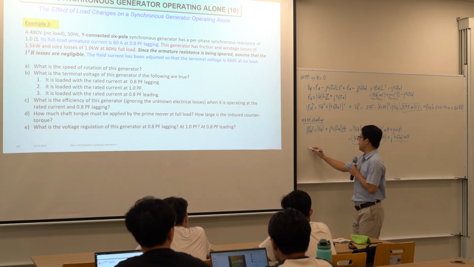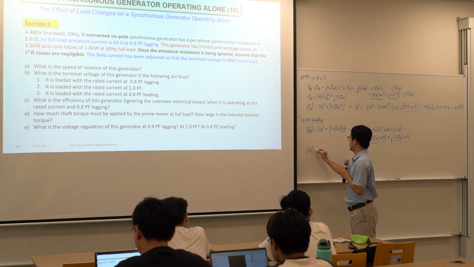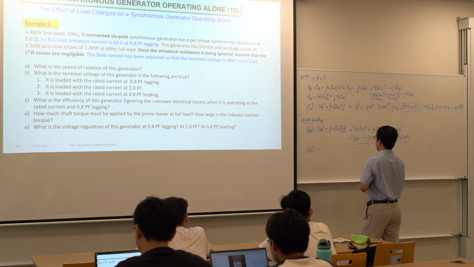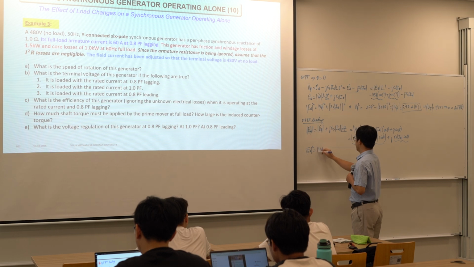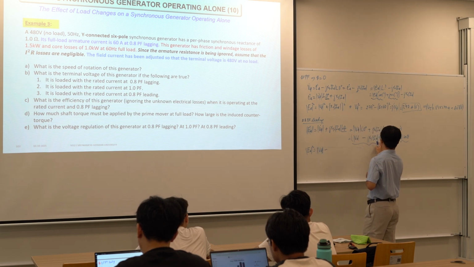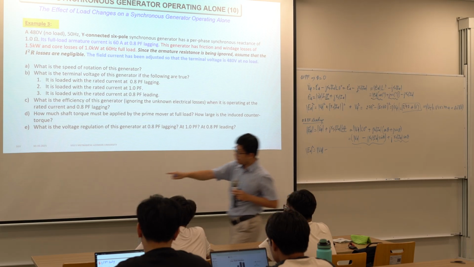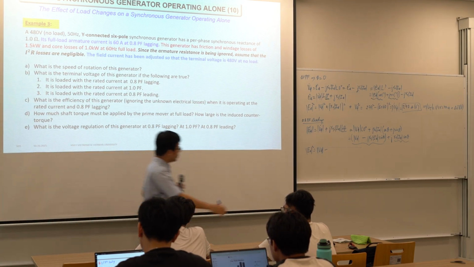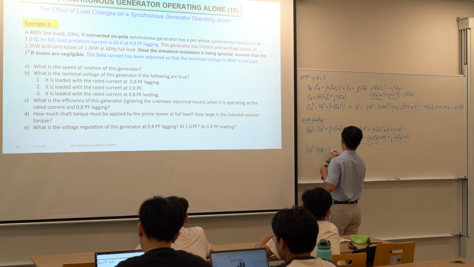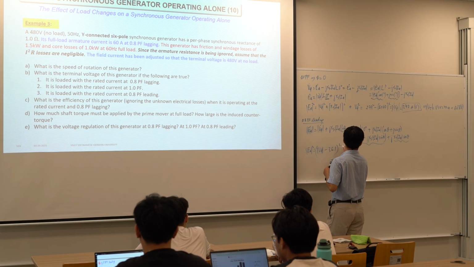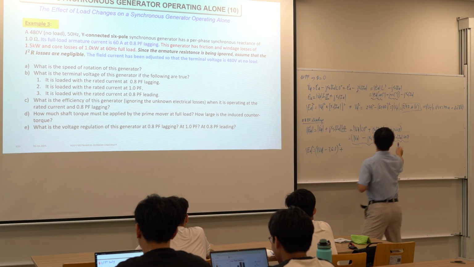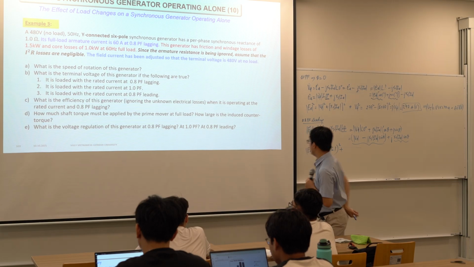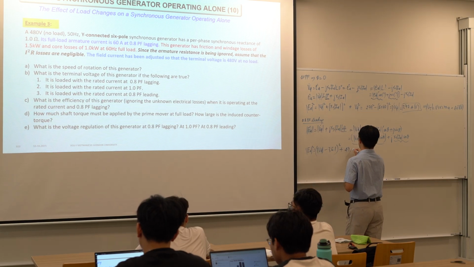Okay, so now we can get EA squared is V phase minus here, how many? Minus 36.1 squared. Plus what? This one squared. How many? 47.9 squared.